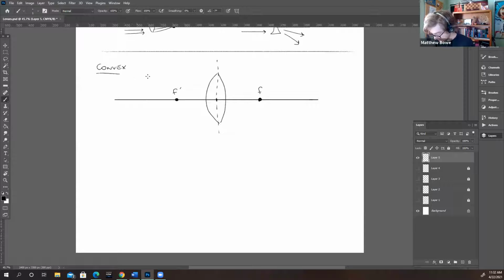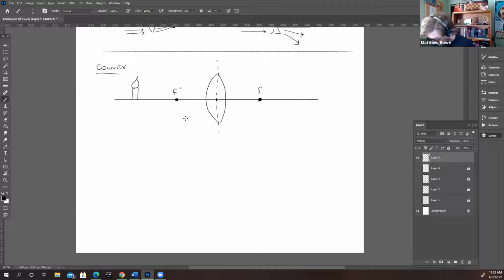So we expect if light were to come in, it will go to the focal point right here. So let's make an object on this. Let's put an object in front of this lens, see what happens. Okay, let's put a candle. Some people put like an arrow. I want to do a candle.